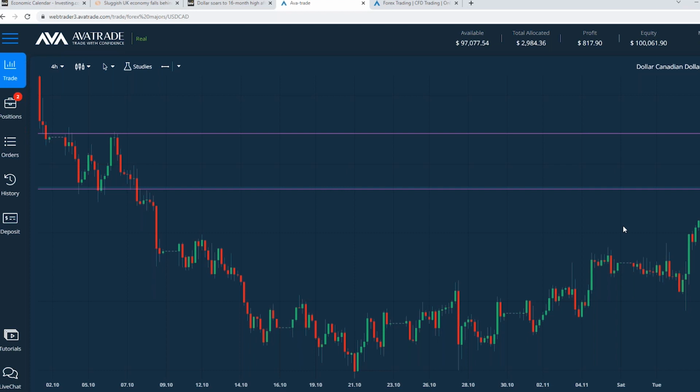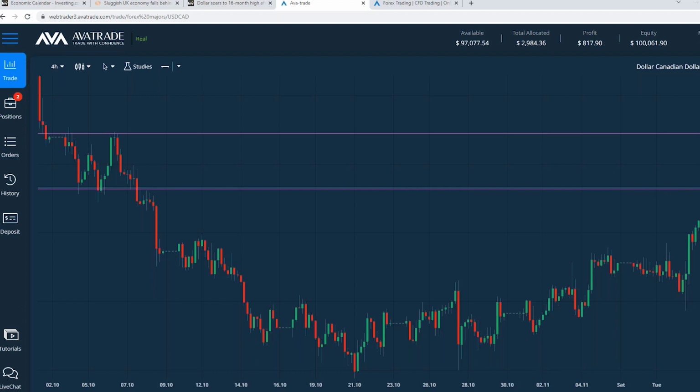I don't feel that this is a strong breakthrough of the resistance yet. Still trying to climb above this area. And you see a wick where it's actually starting to push back down. So if you're going to short this with the fact that maybe fear is dying off today and oil was pushing up, which could strengthen the Canadian, then you could say, okay, to get above this resistance, I don't have to go far, just up here.